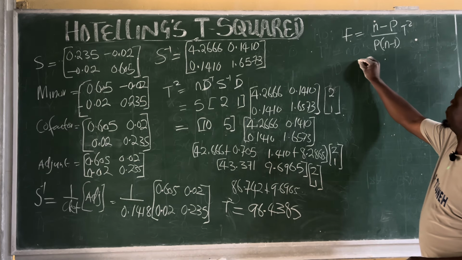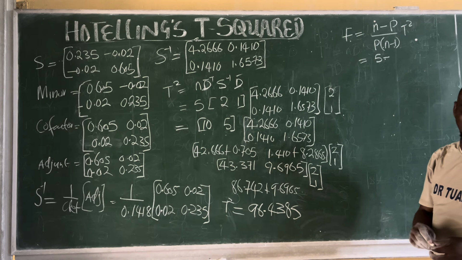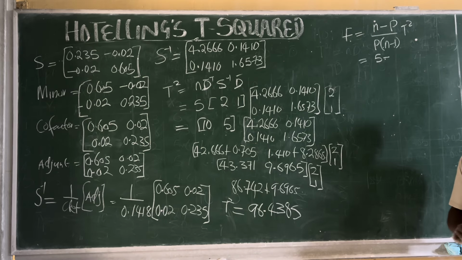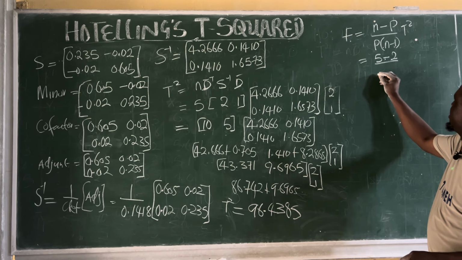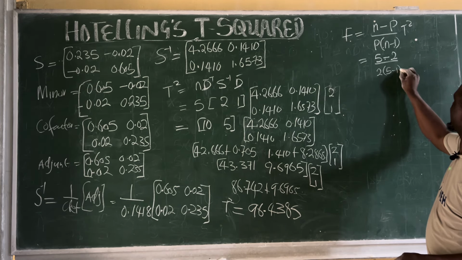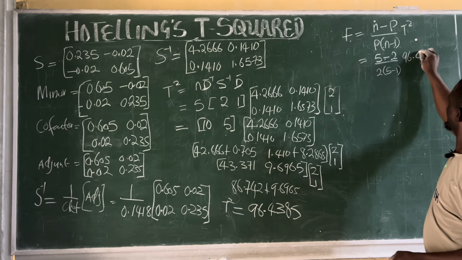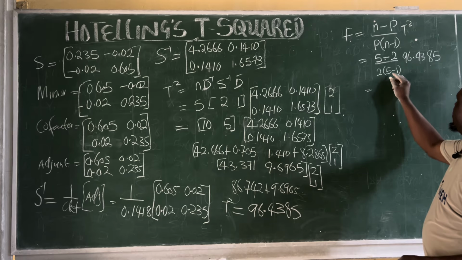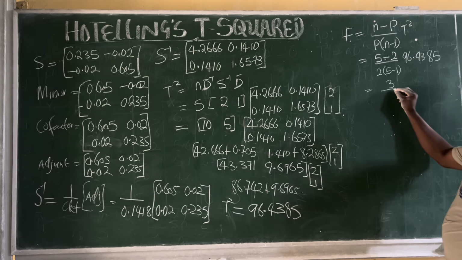So now this will be equal to, we said our n is 5. So we have 5 minus p, p is the number of parameters. We have two parameters here. One is the pH, the second is the total dissolved oxygen, which is 2, all over p again is 2 into n, which is 5 minus 1. Then we computed our T square as 96.4385. So this will be 5 minus 2 is 3, all over 5 minus 1 is 4 times 2, 8.